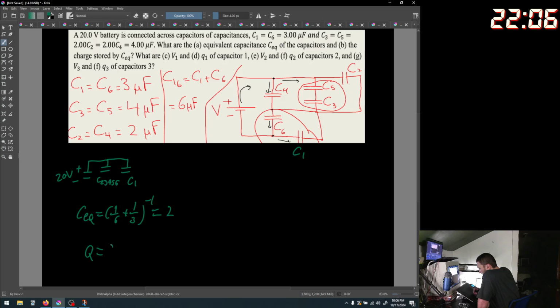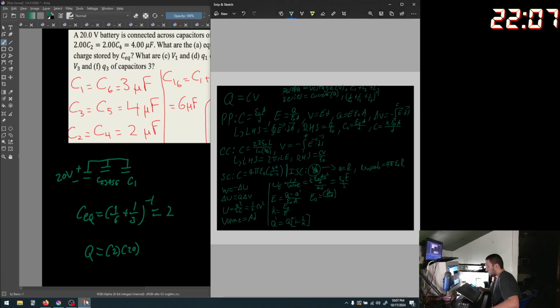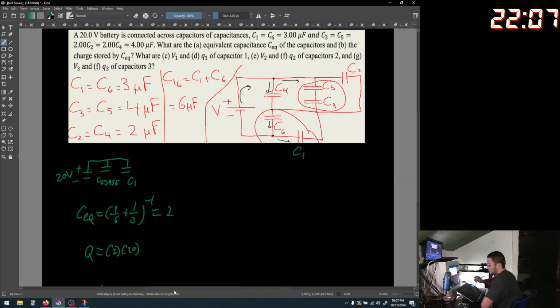Q equals 2 times 20, and then C1. Parallel means voltage comes across. So this is going to be C2,3,4,5, and this one's going to be Q of just 1, which is 3 times 20.